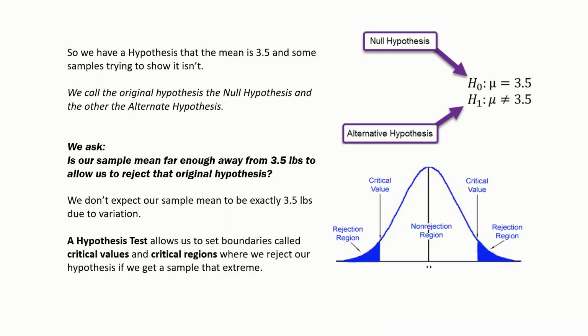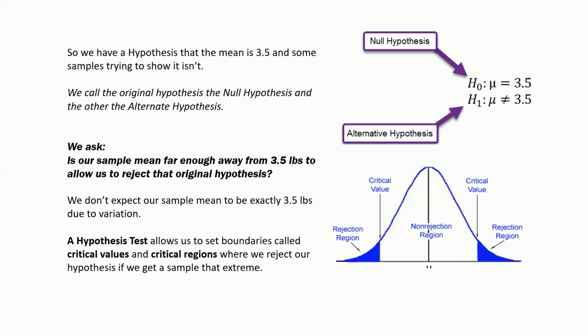And so we ask, is our sample mean far enough away from 3.5 pounds to allow us to reject that original hypothesis? We don't expect our sample mean to be exactly 3.5 because of variation. So we need to set up a critical value where we say, if the sample is further away from the mean than that, then I'm willing to say that 3.5 is wrong.